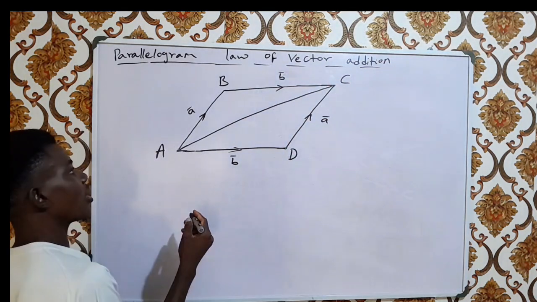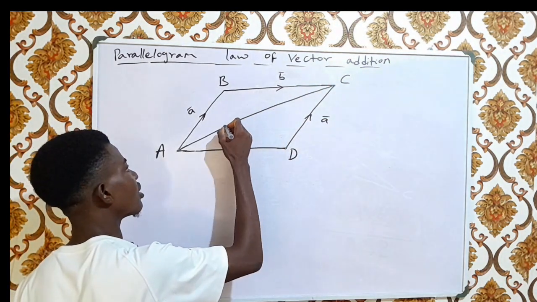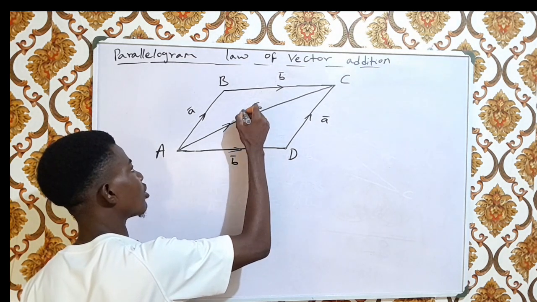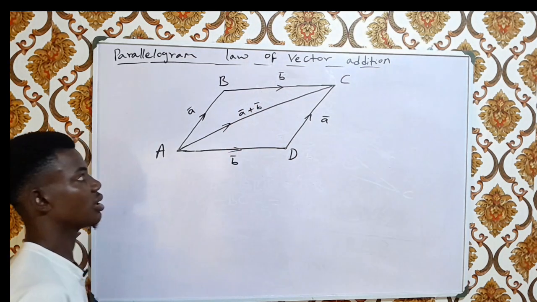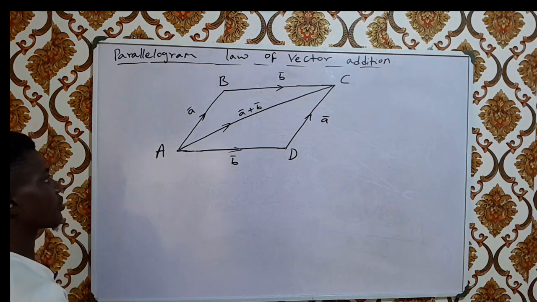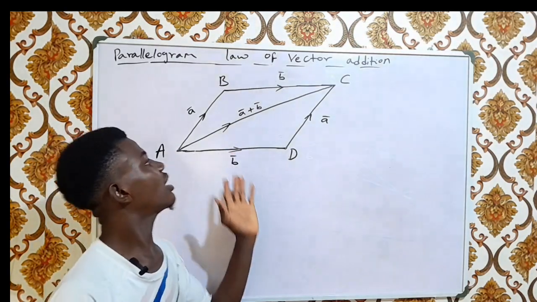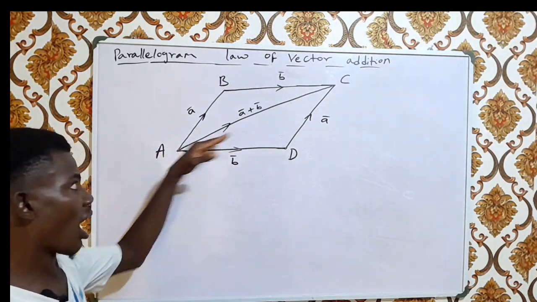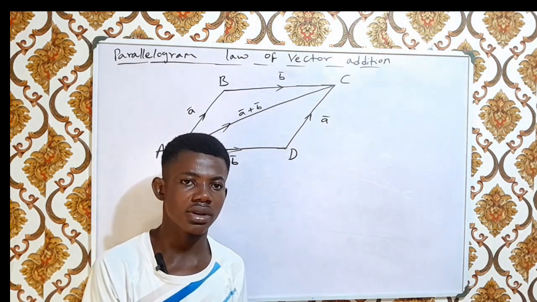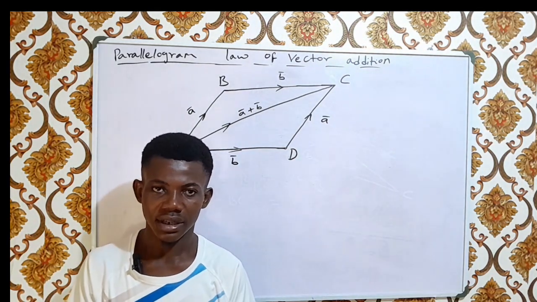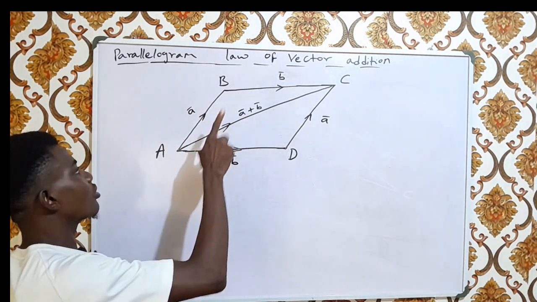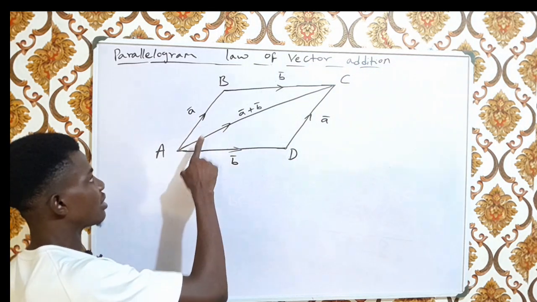This diagonal will be a plus what? b. It will give us a plus b. Now, let's check it. If you divide the parallelogram by a diagonal, you have two triangles. You can see that both the triangular law and the parallelogram law of vector addition are talking about the same thing.